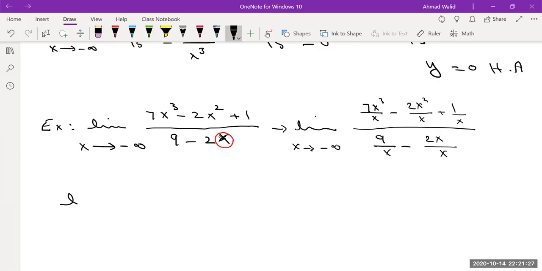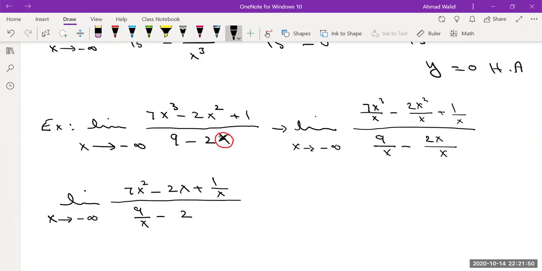Simplify: limit as x approaches negative infinity, 7x cubed over x gives you 7x squared, minus 2x squared divided by x gives you 2x, plus 1 over x, over 9 over x minus 2.